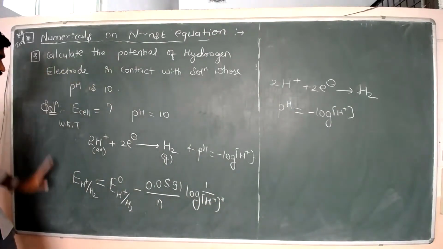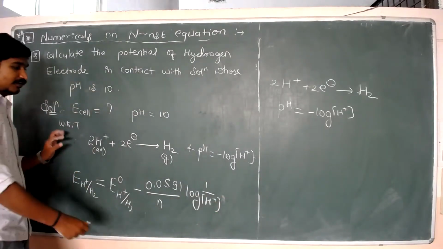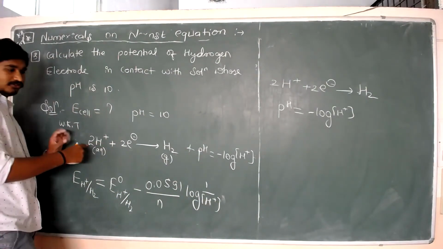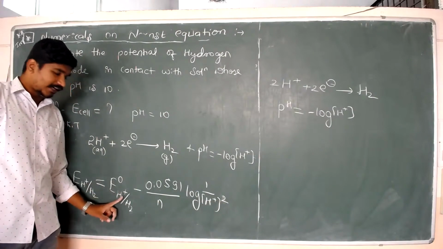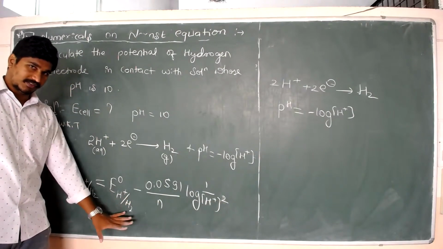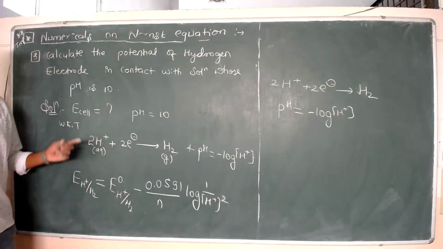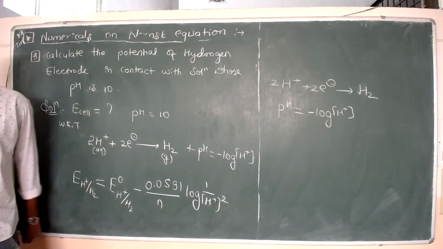So this is the formula. What is the power here? What is the coefficient of H+ ions in the reaction? Here H+ ion is there. What is the coefficient? 2. Therefore, it will be 2. In place of M^n+, I am writing H+. Just remember, this is the only difference. And this is the formula for calculating the E cell for the standard hydrogen electrode or hydrogen electrode.